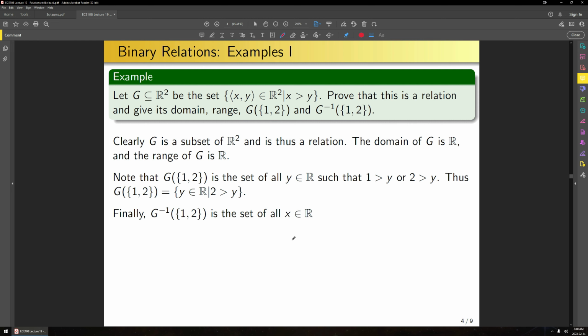Okay, so to find G inverse, we want to answer the question, what are all the x's such that x is related to 1 or x is related to 2? Here under this relation, we would get these two. So if I draw a number line, here I have my 1, here I have my 2, and x wants to be bigger than 1, or bigger than 2.